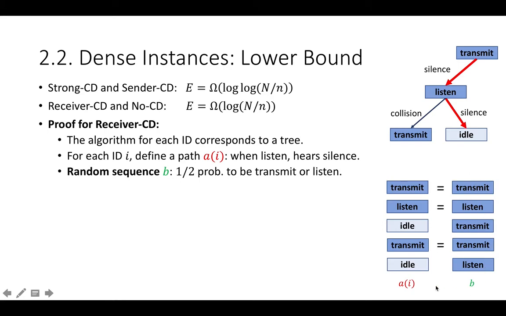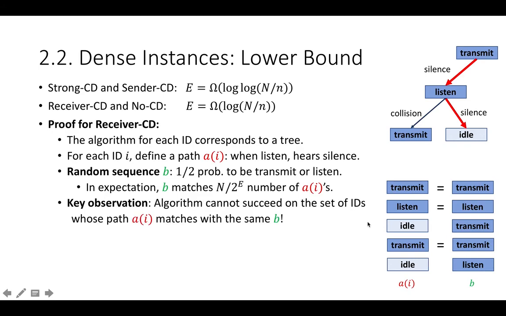So we say that this random sequence B matches our path A_i if whenever A_i transmits or listens, it's the same in B. Since the path A_i will have E number of transmit and listen actions, in expectation, the random sequence B will match with N divided by 2 to the E number of paths.